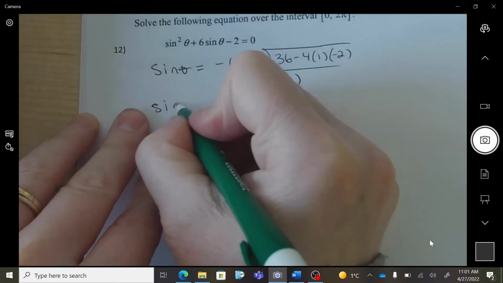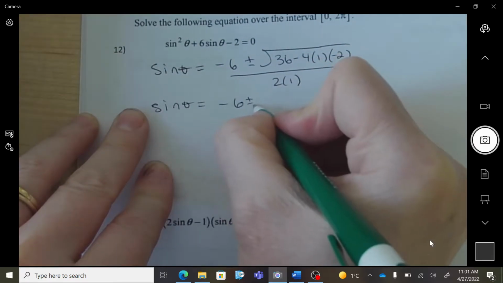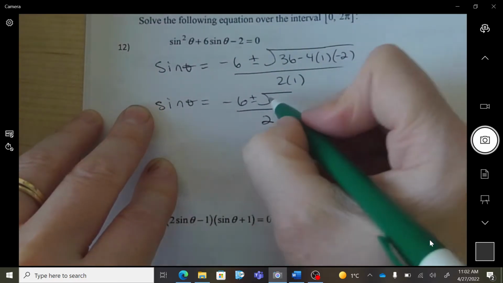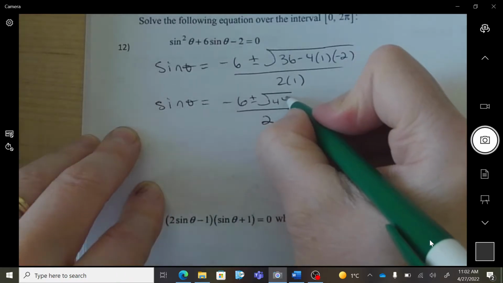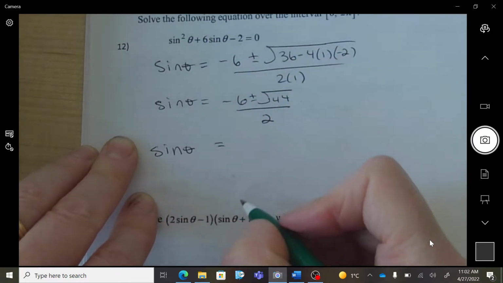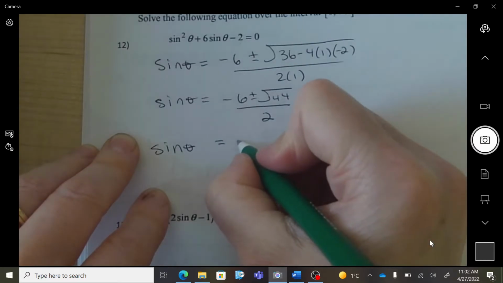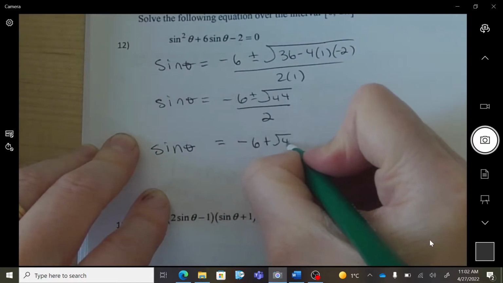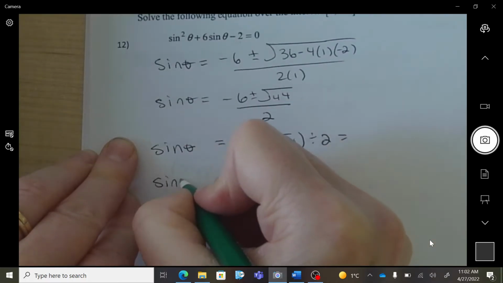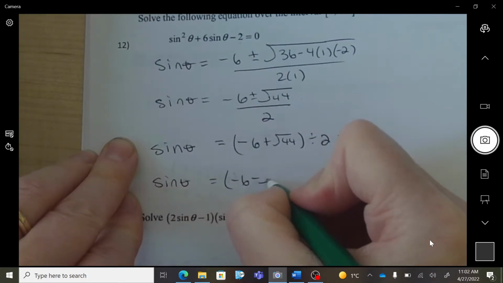So sine theta equals -6 plus or minus some kind of square root value. So now I go to my calculator. That turns out to be 44. So in my calculator, I'm going to be typing this, -6 plus root 44 brackets divided by 2. And then I'm going to do that again with a subtract.